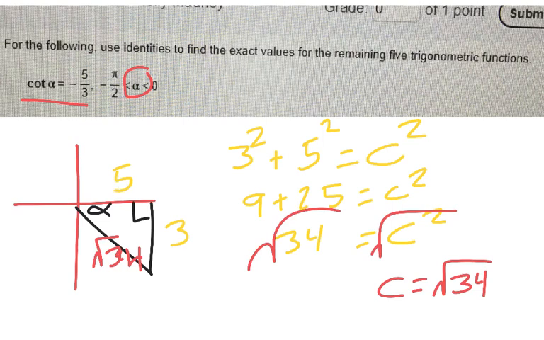So 3, 4, 5 doesn't work here, and we have to use the Pythagorean theorem. I'm going to trust you could find all the ratios from there. Looks like you were doing that correctly. Like I said, you just messed up the missing side length.